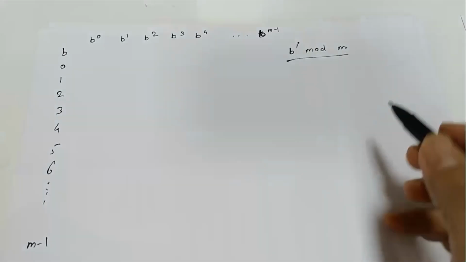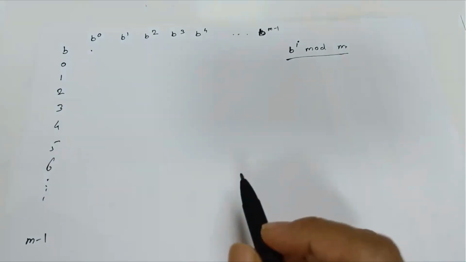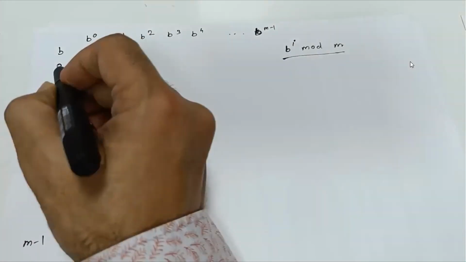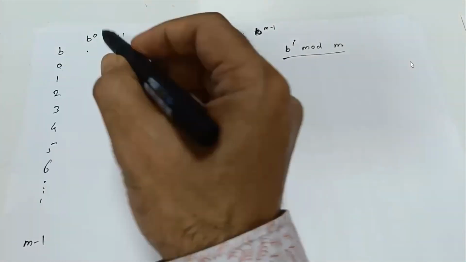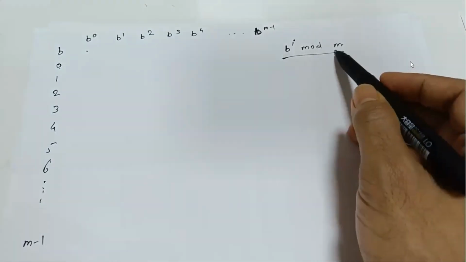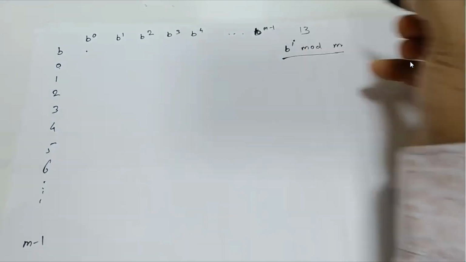And what is that table? Can you tell me the first value here? If b's value is 0, it is 0 raised to 0 mod m. Let us consider the m value as 13.